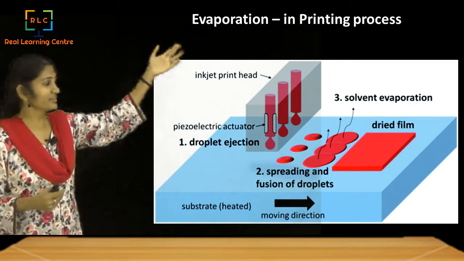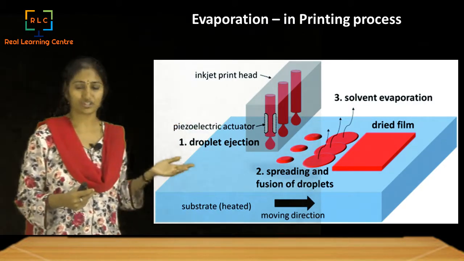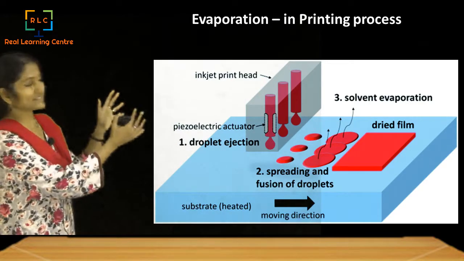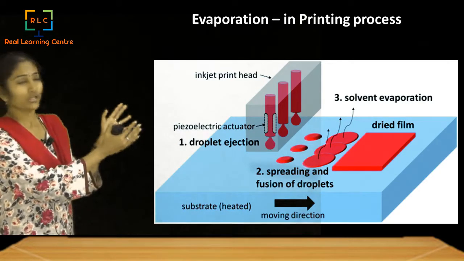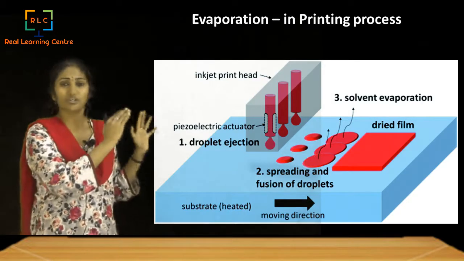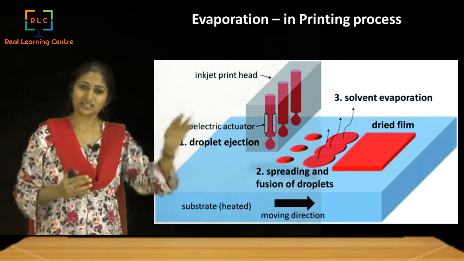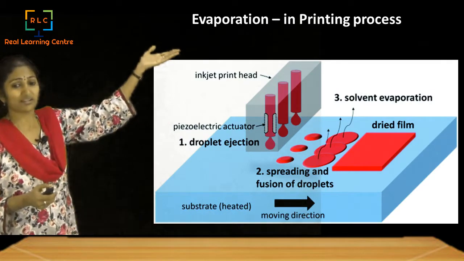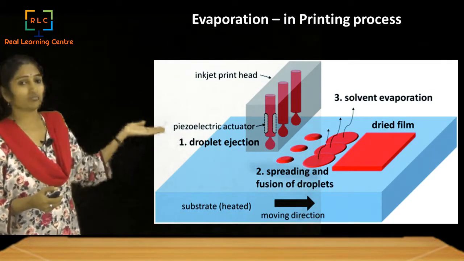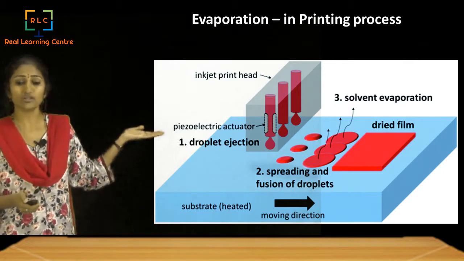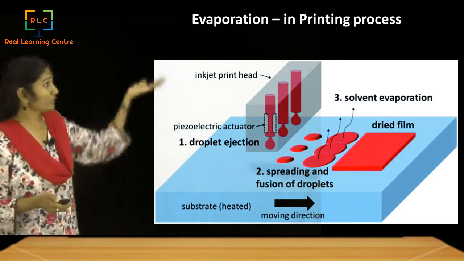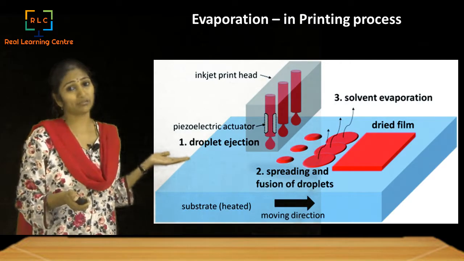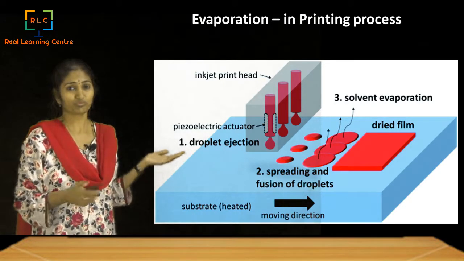Now this dye will fall on the substrate. As soon as it falls on the substrate, you see that it spreads and fuses. Allow it to stay for some time. The solvent dries and the dye which was used in our ink would be attached onto the substrate. So this way, evaporation is used in the printing process.